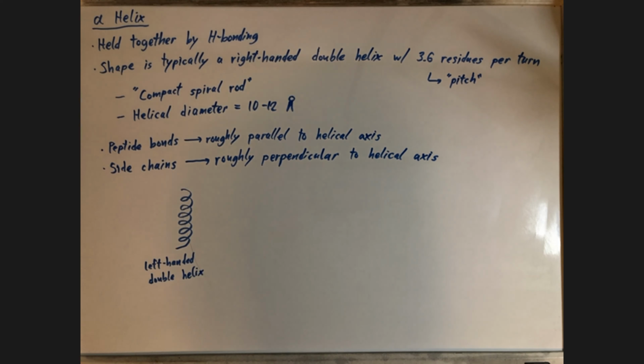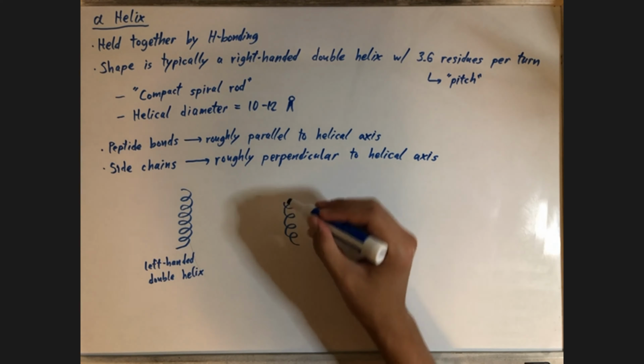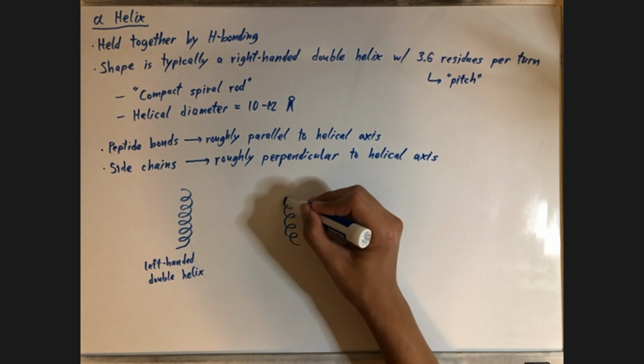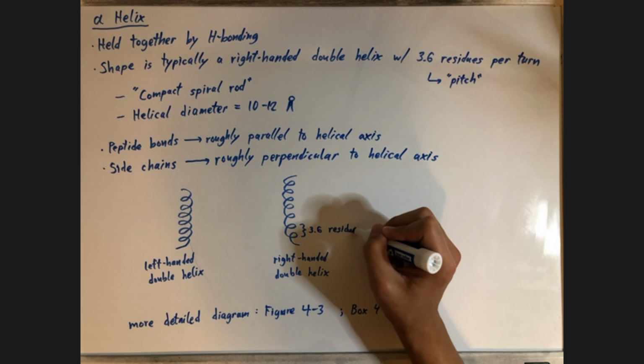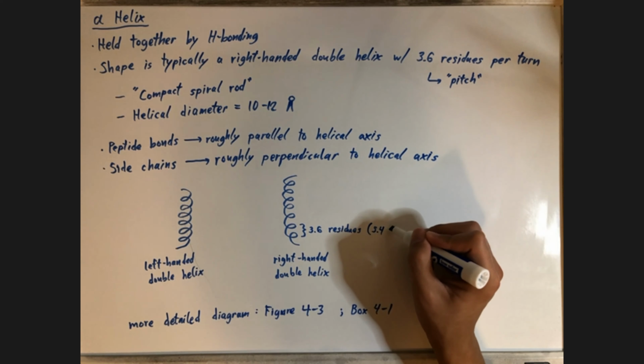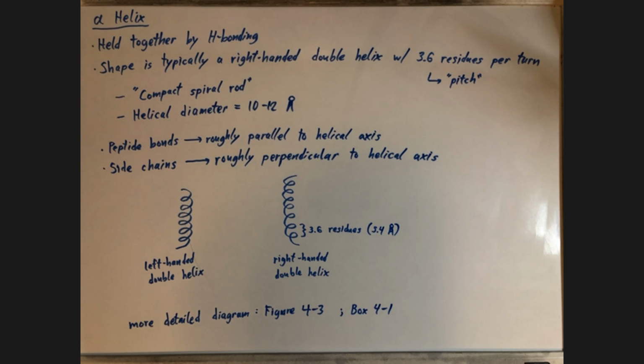In contrast, here is what a right-handed double helix looks like. And it might be kind of hard to tell what's going on in these simple drawings, so there's a more detailed description on figure 4-3 of your textbook, as well as box 4-1, which provides a nice explanation between the differences. But here would be the 3.6 residues, the pitch, and that's about 3.4 angstroms long.